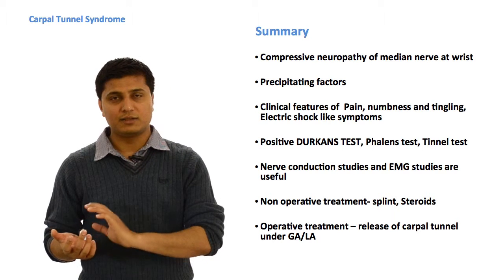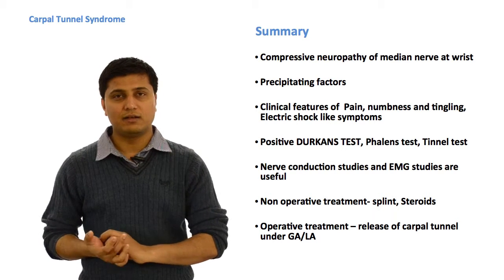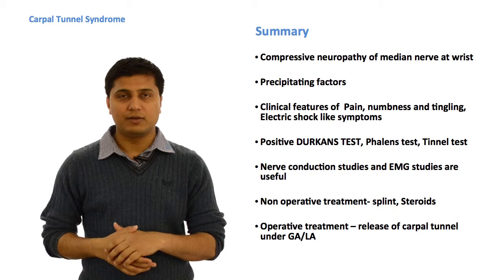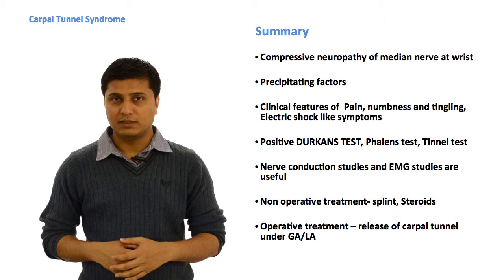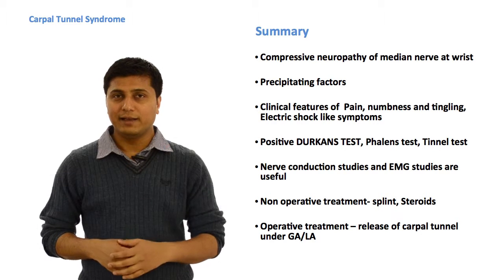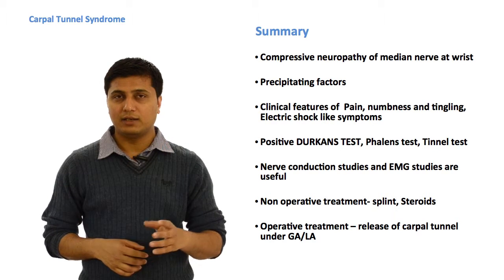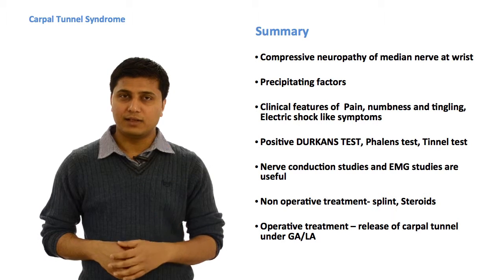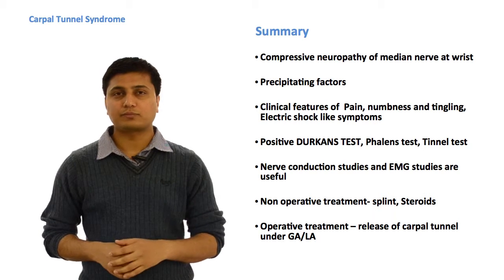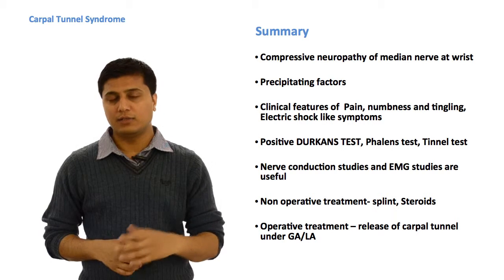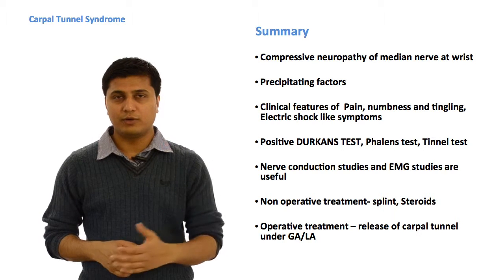Tests such as the Durkan test, Phalen test, and Tinel test are confirmatory tests which are useful in carpal tunnel syndrome. Nerve conduction studies are useful, which show increased sensory as well as motor latency and decreased velocity. The treatment includes conservative as well as operative measures.